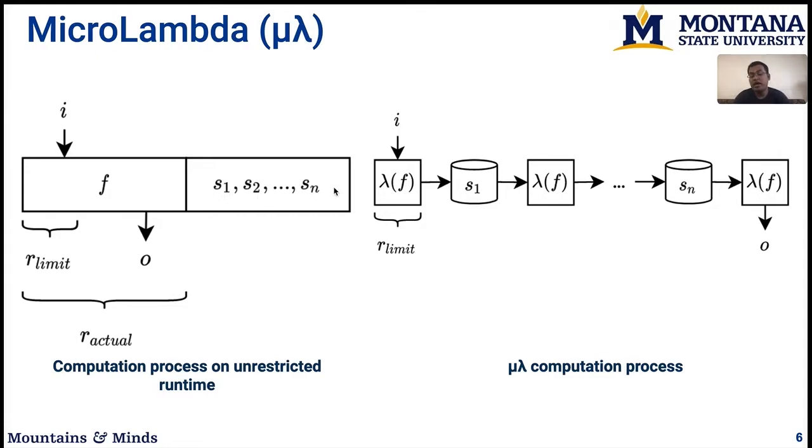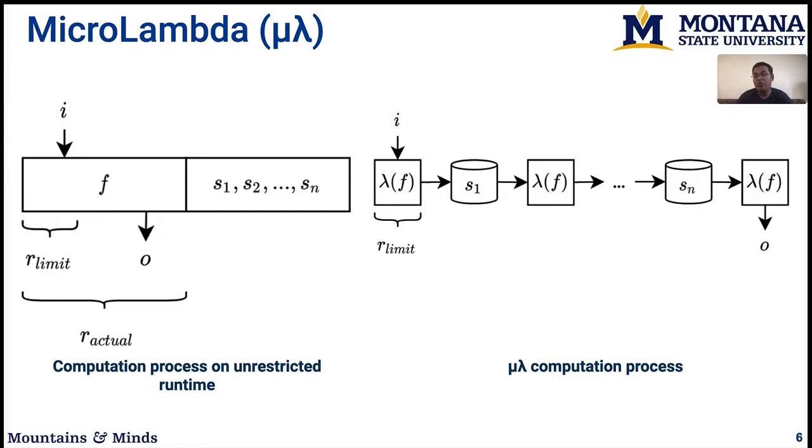After R limit, which is less than R actual, the BBU needs to take the resources back. In that case, if we stop the process without saving the state, we have to rerun it from the beginning, right? So that's the issue.